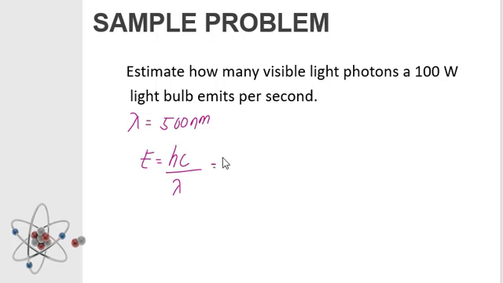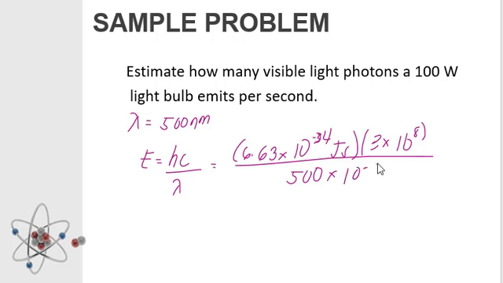So that is 6.63 times 10 to negative 34 joule seconds, times 3 times 10 to the 8 meters per second, divided by 500 times 10 to negative 9. Now the energy is equivalent to 39.78 times 10 to negative 20.